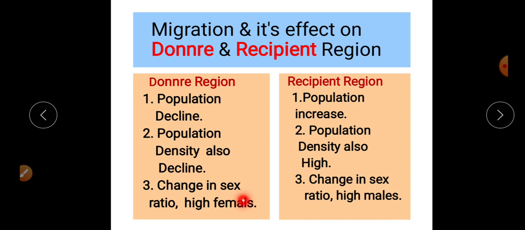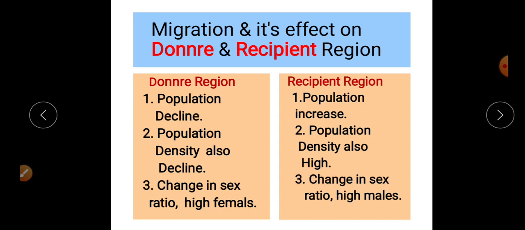Third, change in sex ratio. There is a high female proportion in a donor region, in a rural area. For example, in Kerala we observe the female population is higher than the male population because the young male population migrates towards another area, towards the Gulf countries.